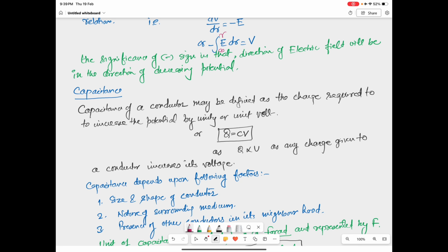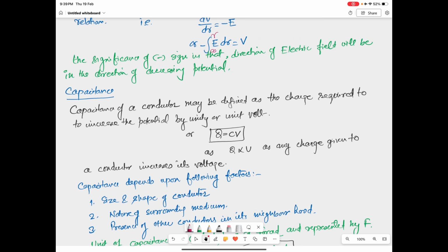So this is defined as Q is equal to C into V, where C is called the capacitance of the conductor and V is the voltage which it can acquire. Or we can write C is equal to Q upon V, and the definition is: the capacitance of a conductor may be defined as the charge required to increase the potential by unity.